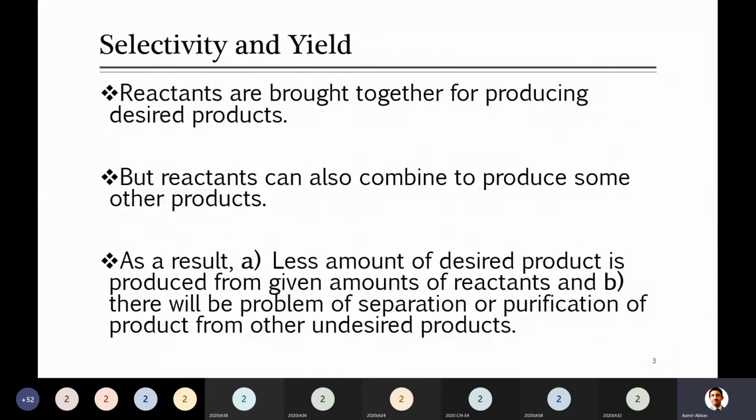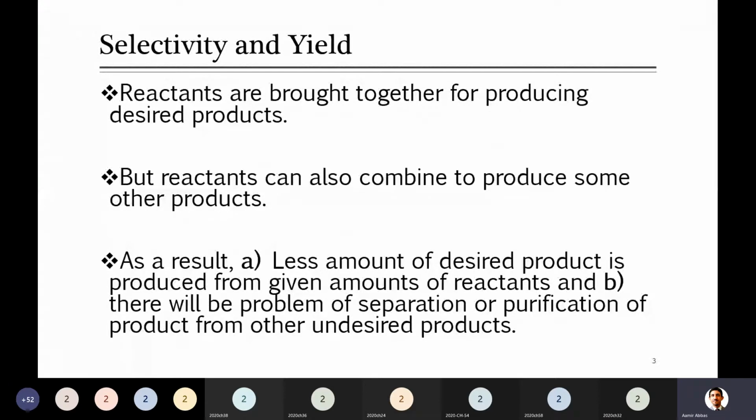First, if we were looking to produce some specific product and other products are also produced at the same time, your actual product amount will be reduced, or less desired product is produced, because your reactants are also consumed to produce other products which you were not looking for.